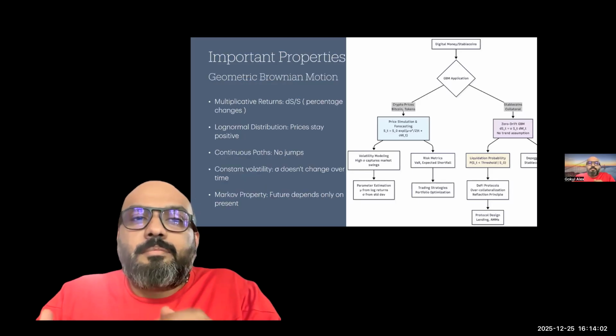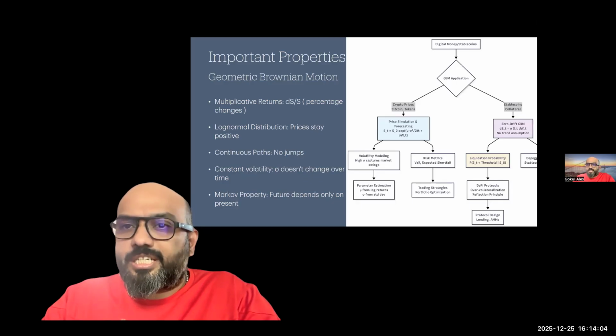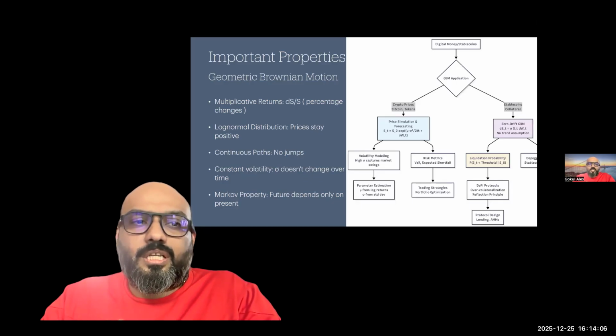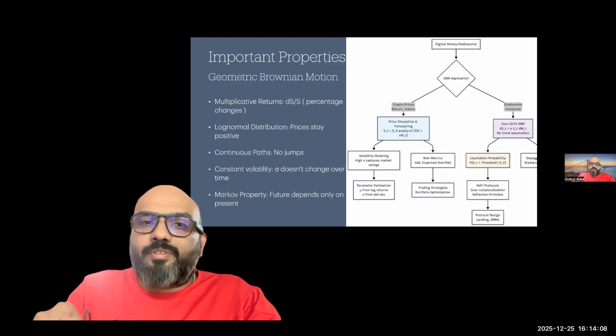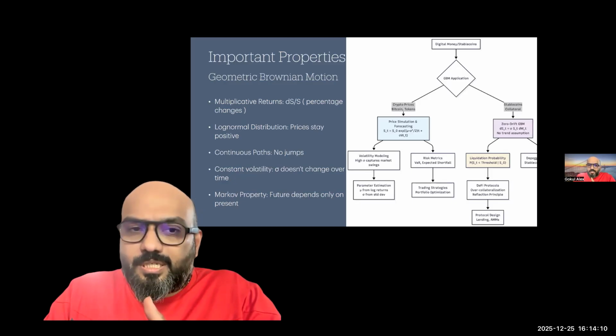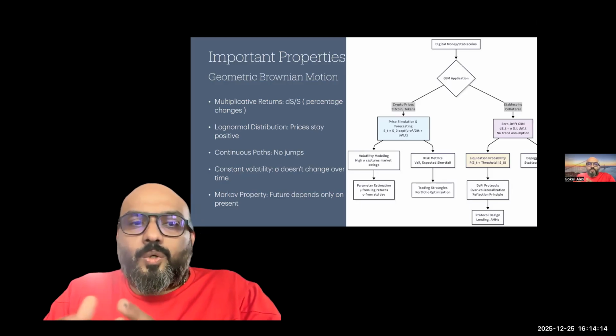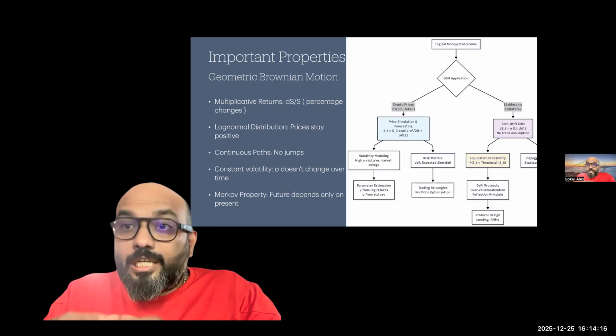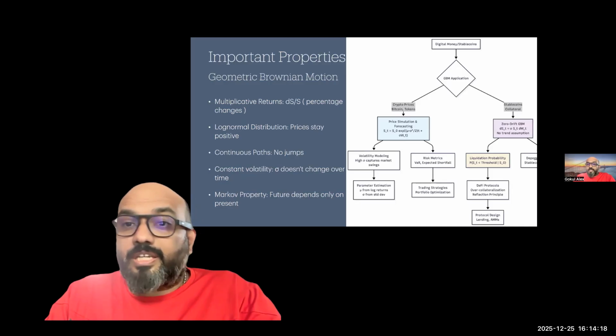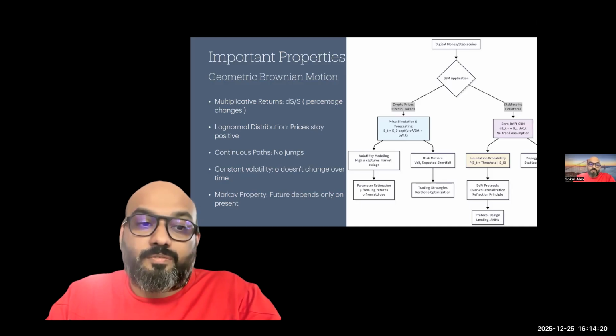So what are the important properties of geometric Brownian motion? One is wherever we are modeling multiplicative returns for the rate of change in the price, or wherever we can take a log normal distribution where the prices stay always positive.